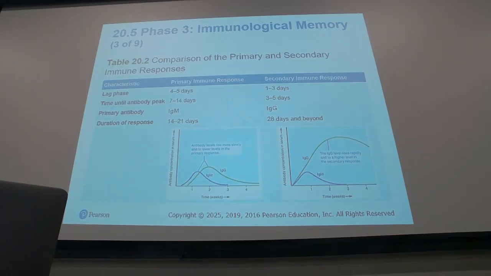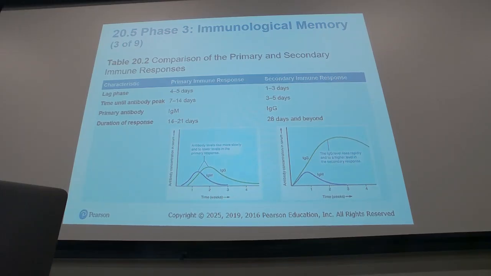If we wanted to know whether your booster was effective, creating memory in you, what antibody are you supposed to have in your bloodstream against hepatitis B virus, IgM or IgG? Say it loud. It is IgG. So if you have IgG antibodies, that means that you are immune against hepatitis B.